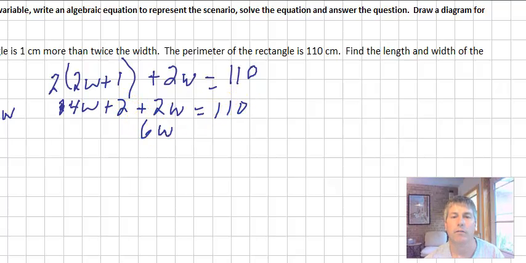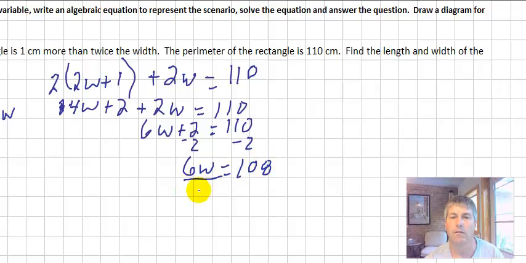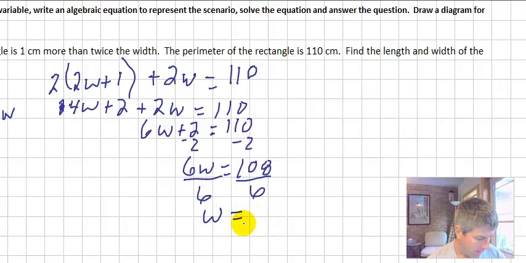So that would be 6W plus 2 equals 110. Subtract 2 from both sides. 6W equals 108. Divide by 6. And W equals 108 divided by 6.